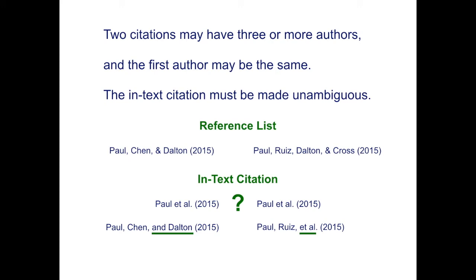This is because et al. means and others. Dalton is only a single individual, so using et al. does not make sense. However, for the second citation, Paul Ruiz et al., that makes sense because Dalton and Cross are others.